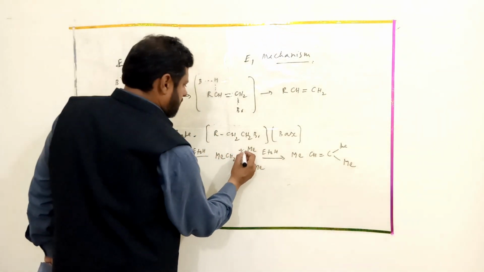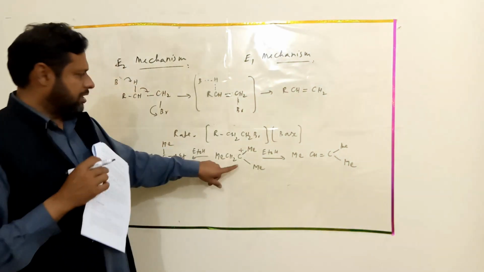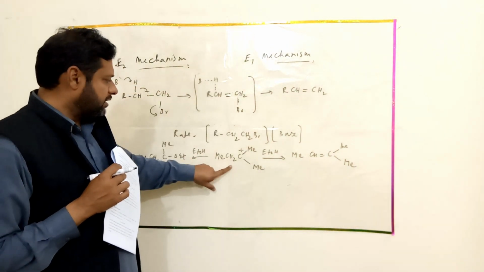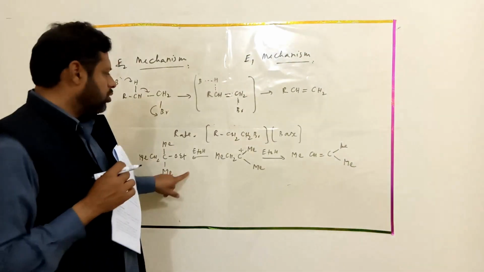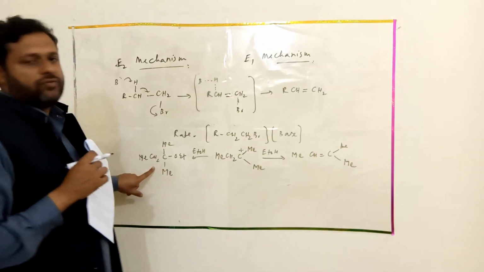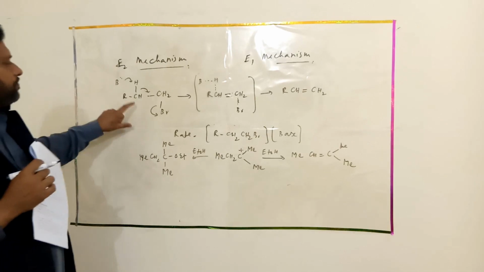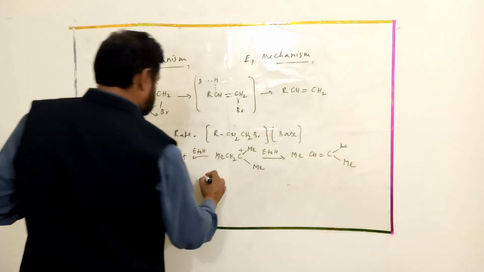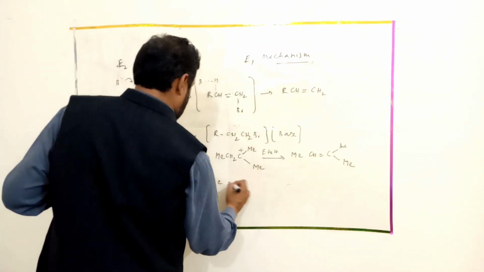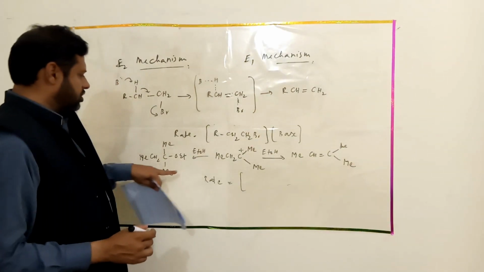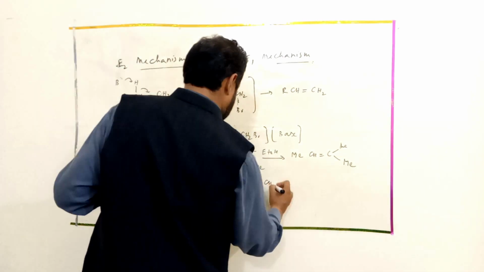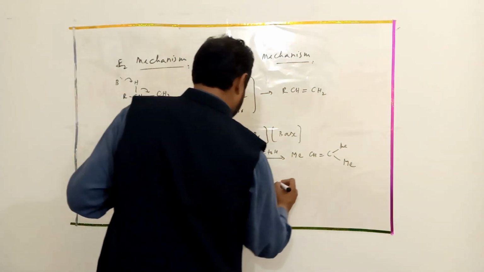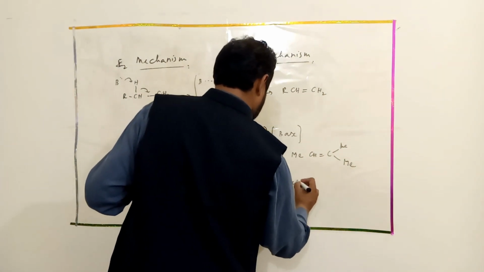First the carbocation is formed, the leaving group leaves first, and then the second group will leave, and you will get a double bond, or a nucleophile will attach in the nucleophilic substitution reaction. So the rate of reaction in this case will only depend upon the concentration of the substrate, CH2, CMe2Br.